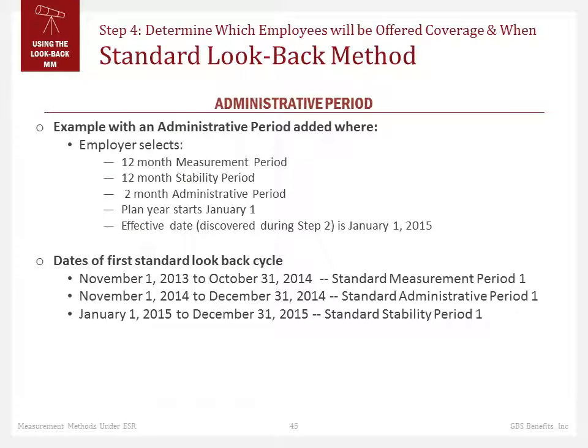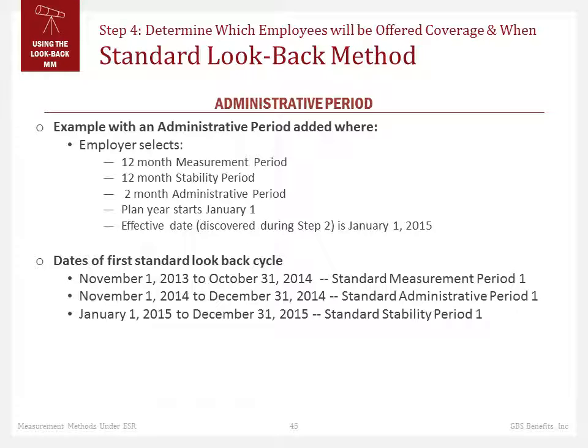Okay, here's an example with an administrative period added where the employer selected a 12-month measurement period, a 12-month stability period, a 2-month administrative period, and the plan year starts January 1. And your effective date, which you discovered during step 2, is January 1 as well, 2015.